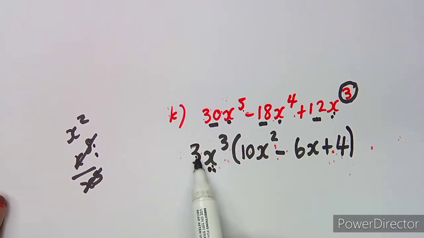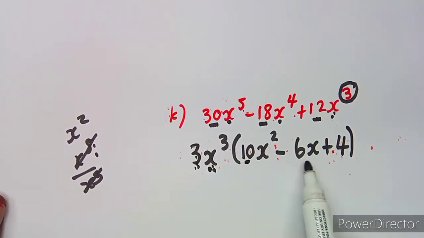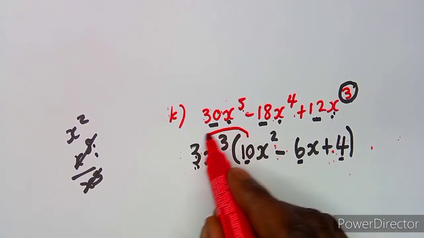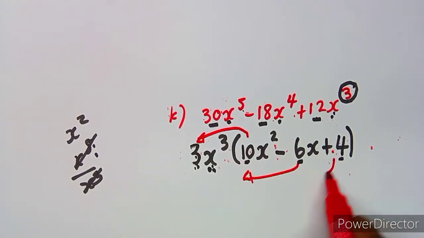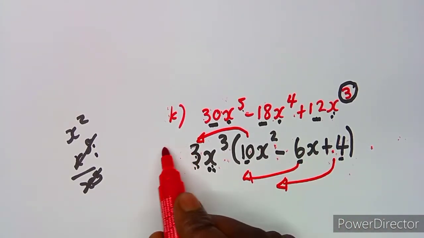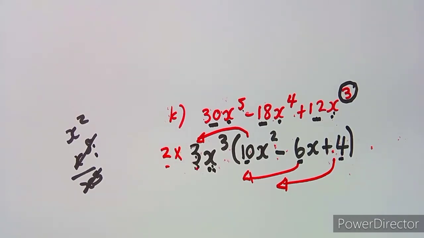But this is not the highest common factor, guys, because if you cross-check 10, 6, and 4, 2 is common. So you can take out. So in an exam, if you see that you didn't take the highest common factor, then you're going to just take it out here, because you can see that 2 is common. So you're going to factor out 2. So it's going to be 2 times 3, which is going to give us 6x to the exponent of 3.